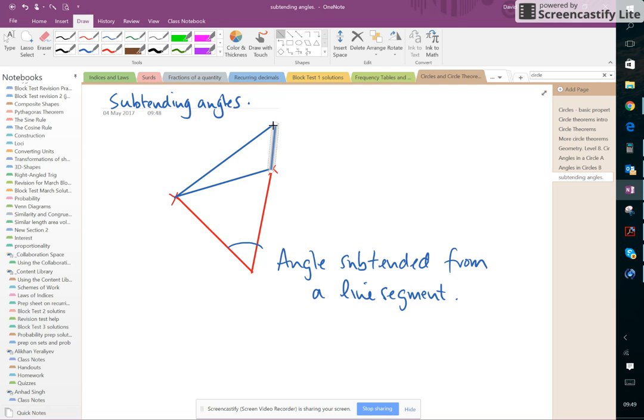I could have subtended it like this. So I put my fingers on here, and then subtended upwards towards this angle. So this is also an angle subtended from a line segment. They're not necessarily equal. As you can see, this angle is also subtended from the same chord. But they're all angles subtended from a chord.